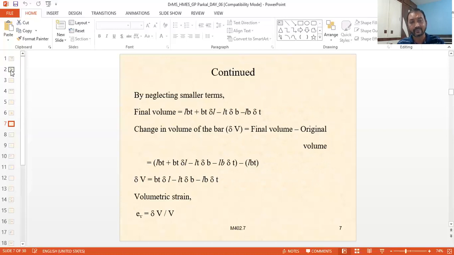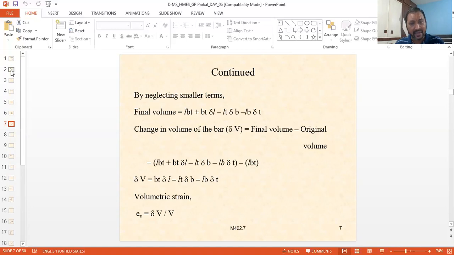So the multiplication of the smaller values will give you a still smaller value, and we can neglect it. So we have to neglect the multiplication of the smaller values like delta B into delta L or delta T into delta L or delta B into delta T, like that.